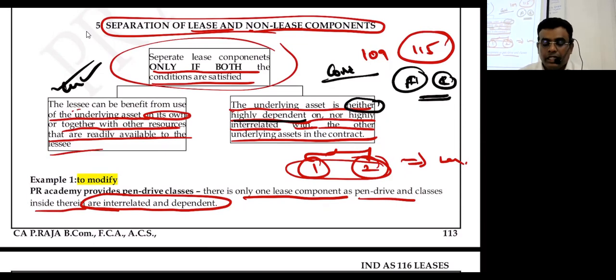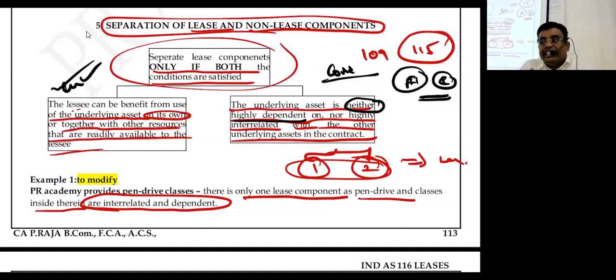Neither highly dependent, then this condition is satisfied. Repeat with me: highly dependent, then the condition is not satisfied, yes or no. Neither highly dependent, then satisfied. Is that clear now? Are not highly interrelated.